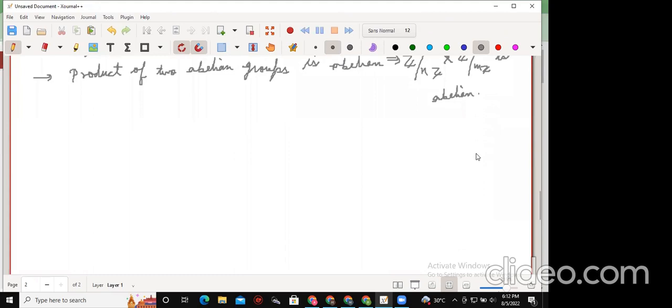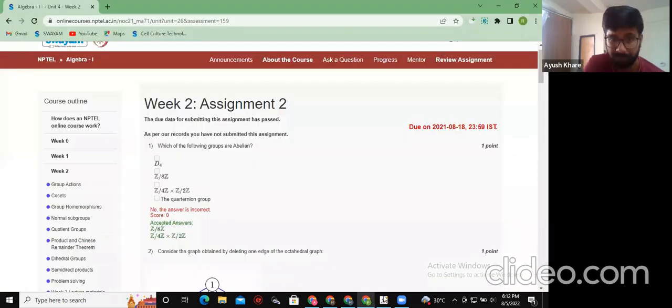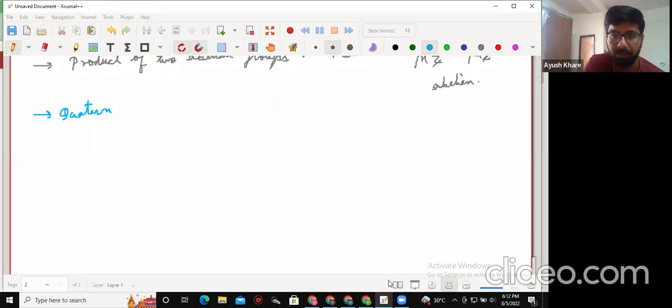Okay, so now let's turn our focus to the last option, that was the quaternion group. So going through the same notation as given in your lectures, I can say the quaternion group is not abelian because, can anyone give me the answer for it?